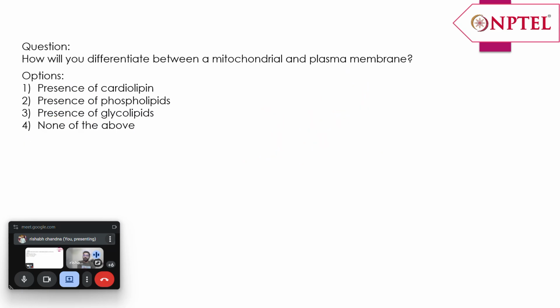How will you differentiate between a mitochondrial and a plasma membrane? So we just now discussed that mitochondria also have a lipid bilayer. Okay, plasma membrane also has a lipid bilayer. So how will we differentiate between them? Okay, any more answers?